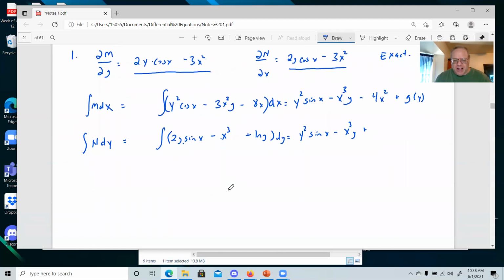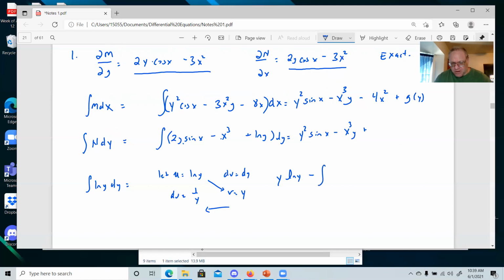And then we have to remember how you integrate natural log y. If I just look down here, we say natural log y dy. This was the canonical case of why you learned integration by parts. So we say let u equal ln y, du was 1 over y, dv was equal to dy, v was equal to y, and then we draw the little box. So this is going to be y ln y, that's this part, minus the integral of y times 1 over y dy.